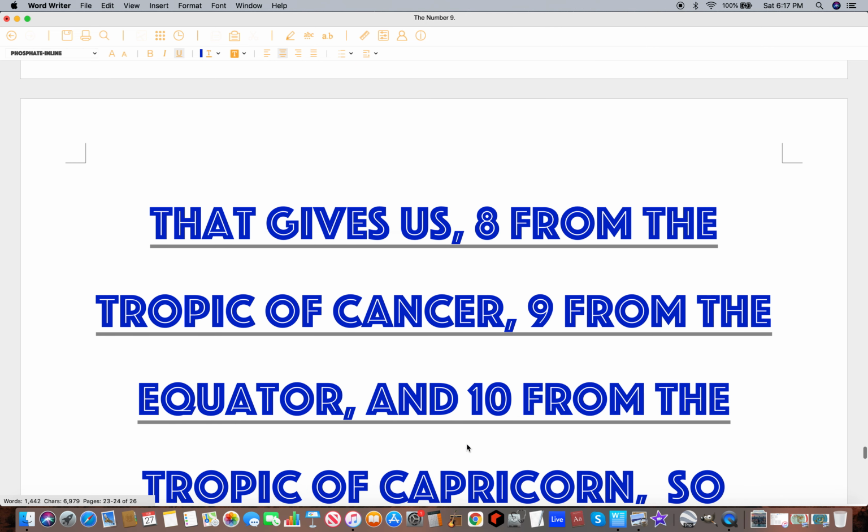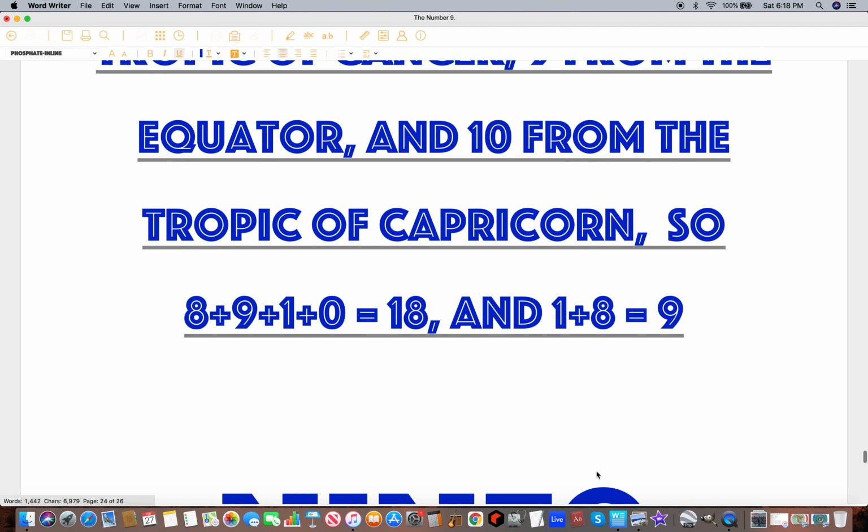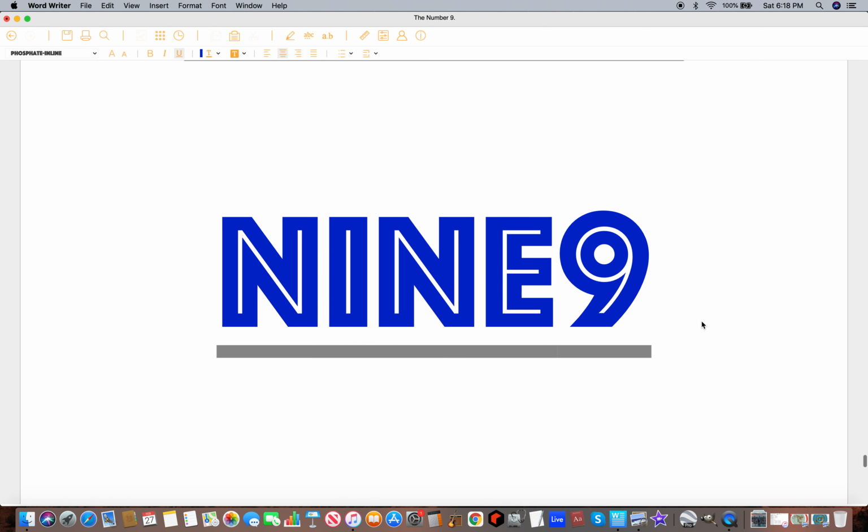So that gives us 8 from the Tropic of Cancer, 9 from the equator, and 10 from the Tropic of Capricorn. So 8 plus 9 plus 1 plus 0 equals 18, and 1 plus 8 equals 9. So that's the end.